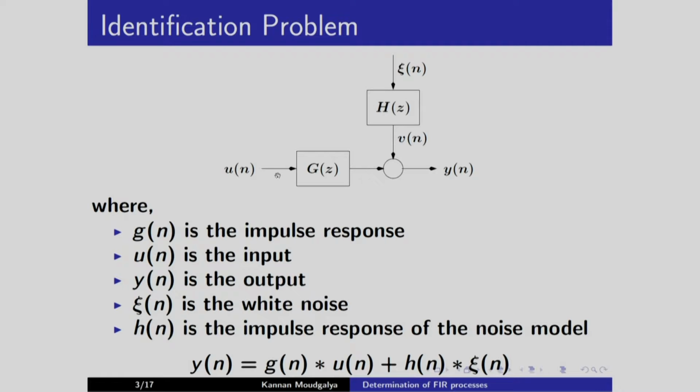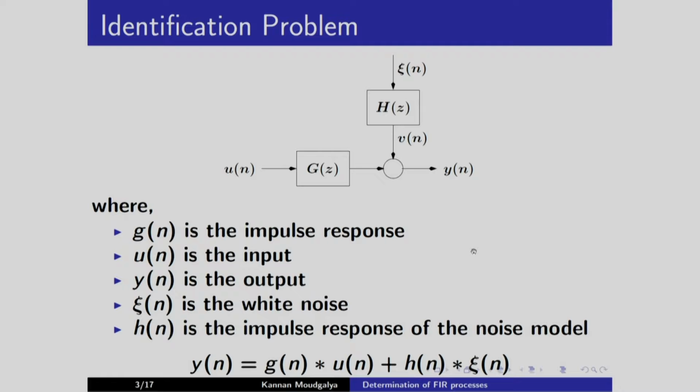this. The path from U to G to this summing junction is denoted by Gn convolved with Un, whereas the second one is indicated by Hn convolved with Cn.